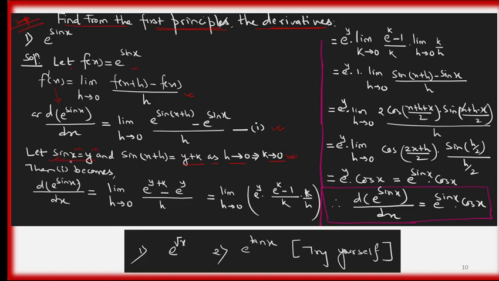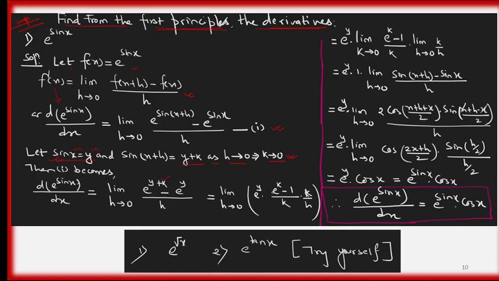And if sin x is y and sin(x plus h) is y plus k, then from the first, the derivative of e to the power sin x by dx equals the limit as h tends to 0 of e to the power y plus k minus e to the power y, over h. Then the limit as h tends to 0 of e to the power y times e to the power k minus e to the power y.